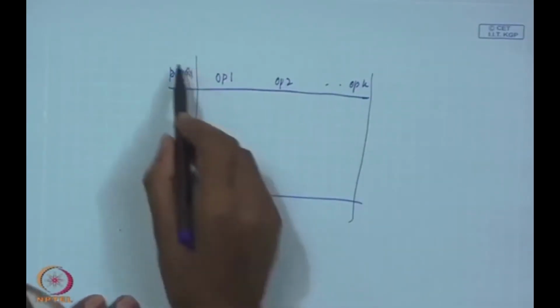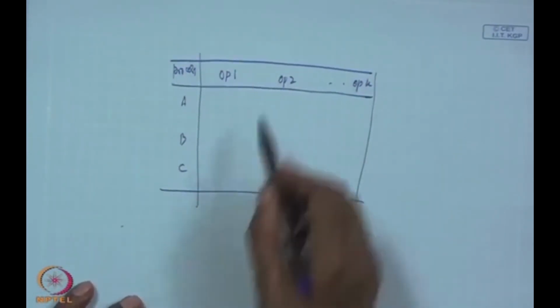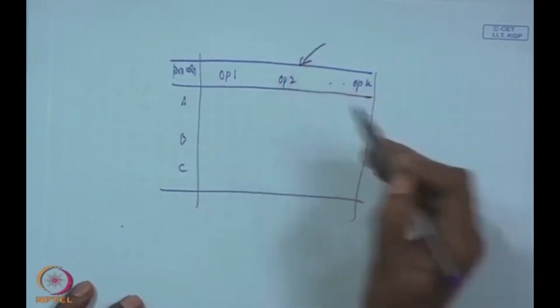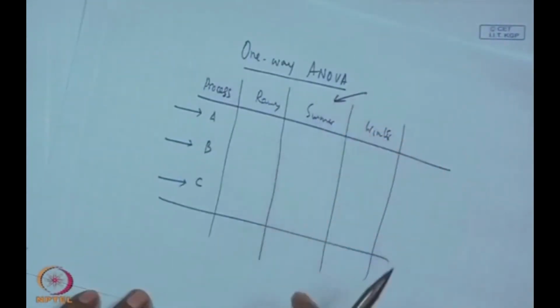So in that case, you require to include the effect of operators, maybe the effect of seasons.